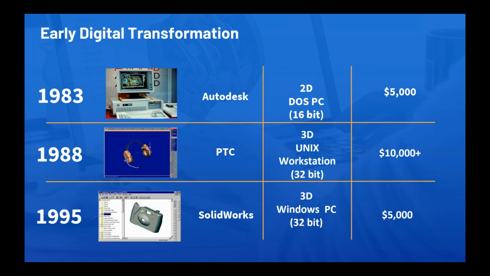Of course, we've come a long way since 1995. I don't know if you remember 1995 when you could get a 100 megahertz chip to run your computer, and we thought that was pretty fast back then. But we've come a long ways.